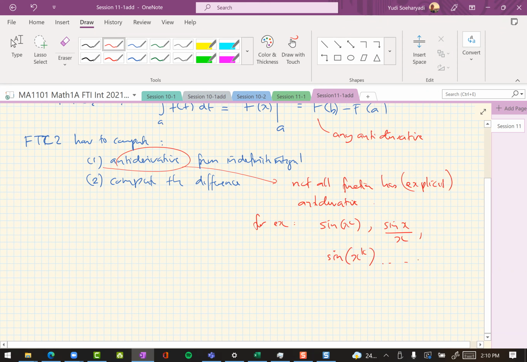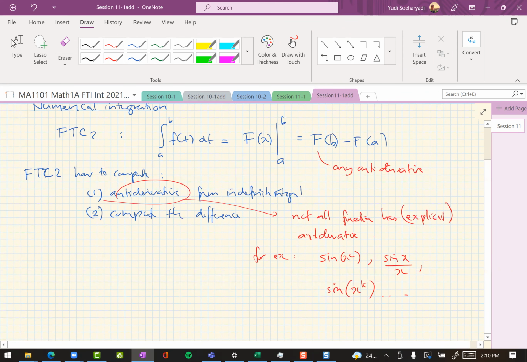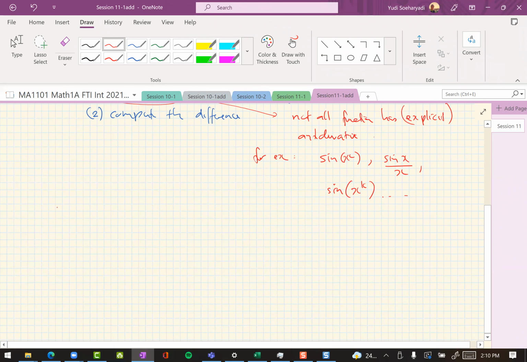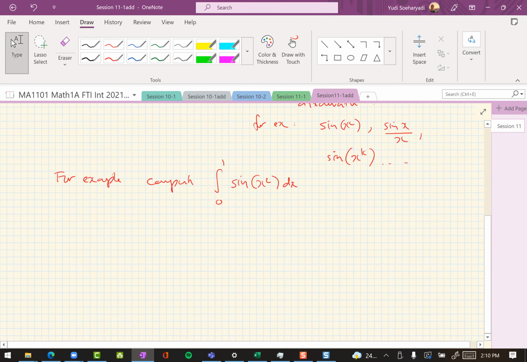So what do we do if we know the function is continuous, but we don't have an antiderivative? Let's do this one: the integral from 0 to 1 of sine x squared dx.